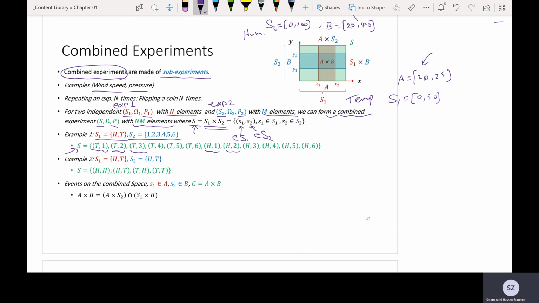The combined, for example, temperature and humidity. The temperature, you can draw it as a line. So this is the temperature today. The humidity, you can draw it over a line. However, the temperature and humidity together need a map. So there is a two-dimensional graph to draw it, right? To tell me where we are.